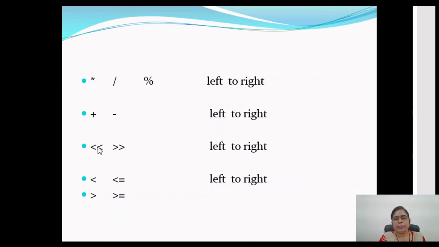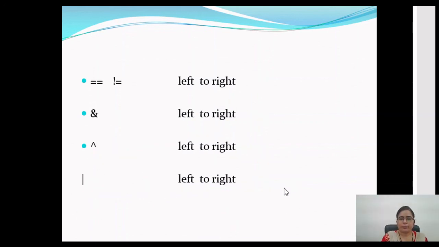Then shift operators with left to right associativity, and then the relational operators with left to right associativity. After that we have the equality operators, again with left to right associativity. Then this is the bitwise AND, bitwise XOR, and bitwise OR operators in this sequence of precedence, and the associativity is left to right.